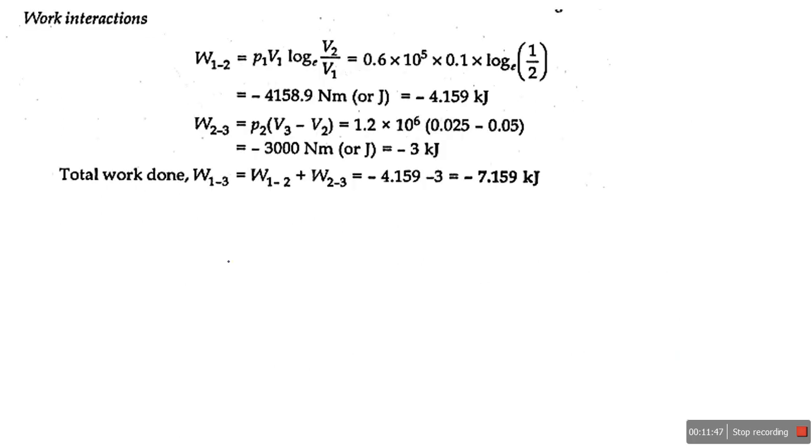Work done for the isothermal process, all the values are with us. Work is done on the system, so it is negative. For isobaric, work is also done on the system, so it is negative. The total work done is the addition.